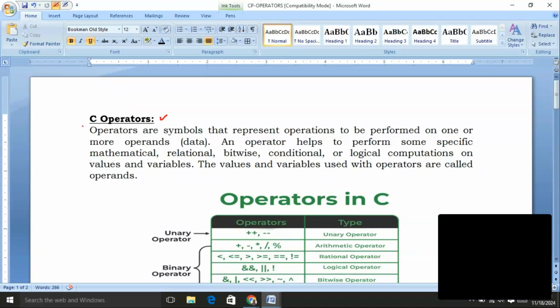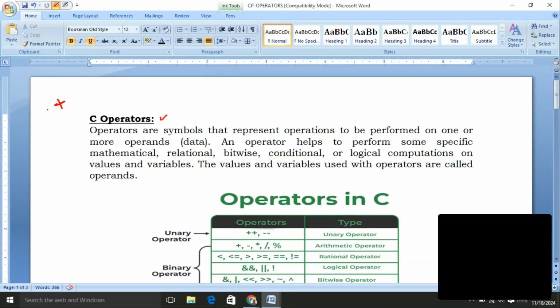For example, we know from our childhood onwards, this cross of two lines vertically is known as the plus symbol to perform addition of two numbers. So generally the operators specify the operation to be performed on the data or operands.